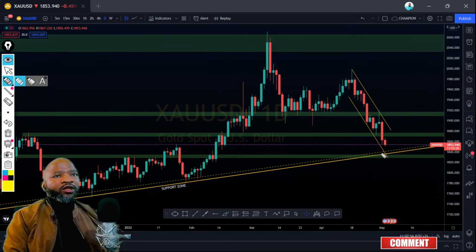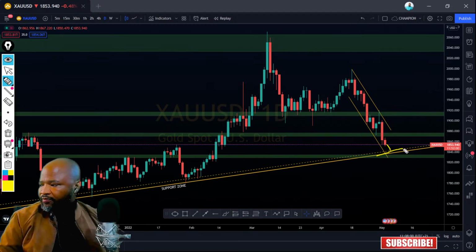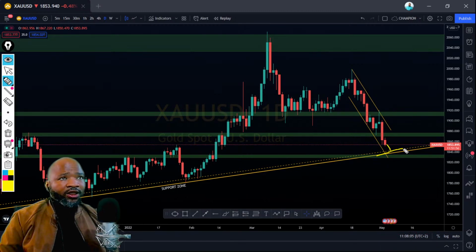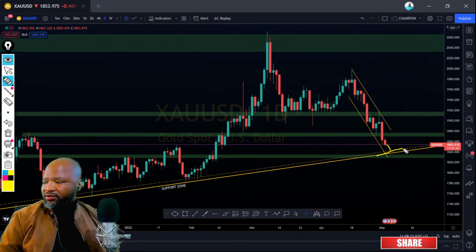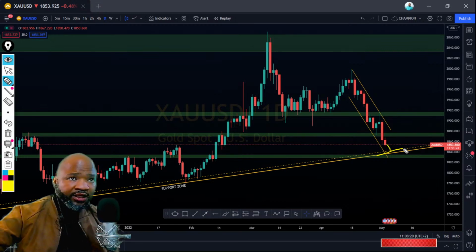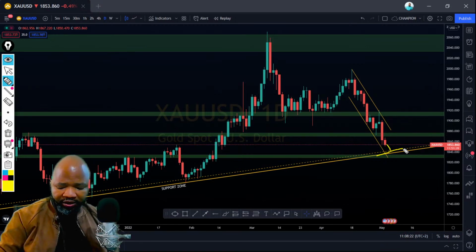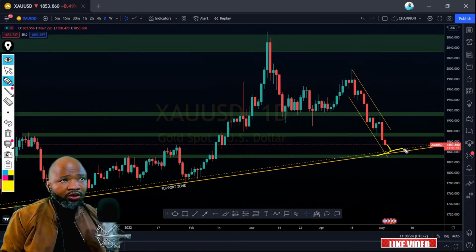One thing that we can do, we just have to wait for our price to reach this diagonal support zone. Let's not take any chances, thinking that if we place trades at that level we're going to get a great opportunity.